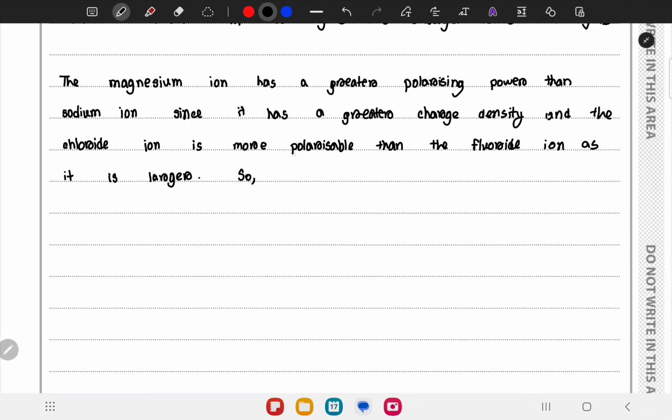So magnesium chloride has the biggest difference.